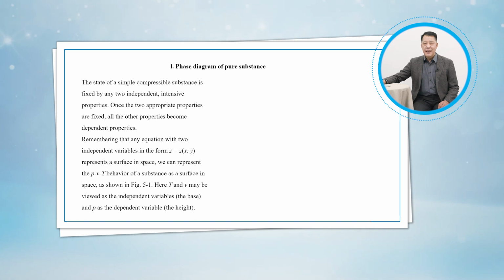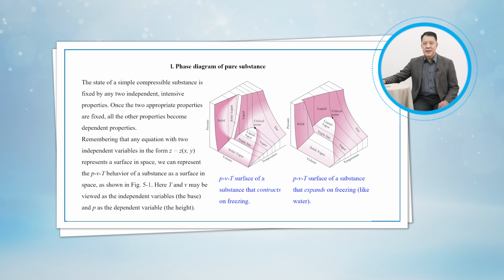Here, T and V may be viewed as independent variables, and P as the dependent variable. Two PVT surfaces are shown here. One is for a substance that contracts upon freezing, and the other is for a substance that expands upon freezing.